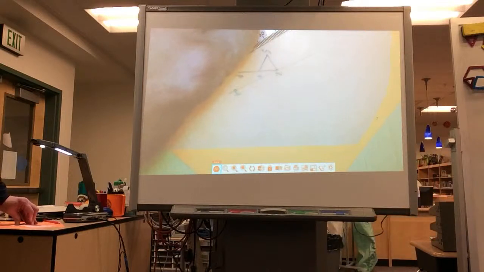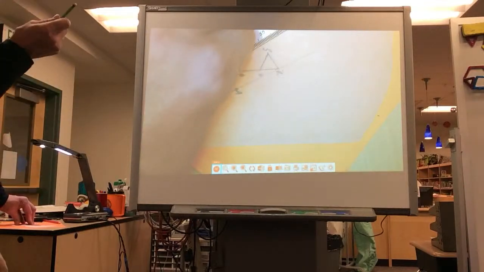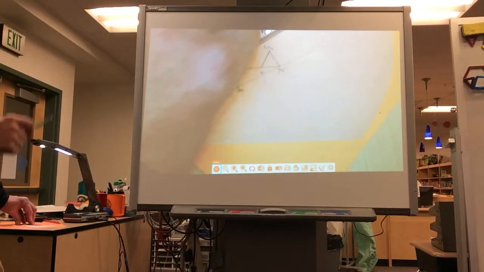So what I would like to do is take R and rotate it with a center of rotation of point A, 70 degrees. Is it going to go counterclockwise or clockwise if it's a negative 70? Clockwise, yeah.